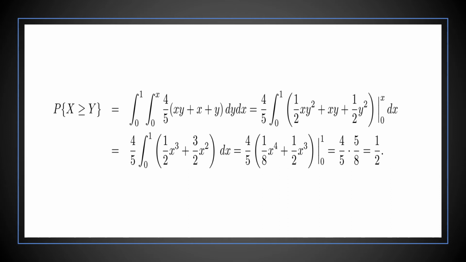So when you want to find P(x ≥ y), initially the density function is defined in this range 0 ≤ x ≤ 1, 0 ≤ y ≤ 1.